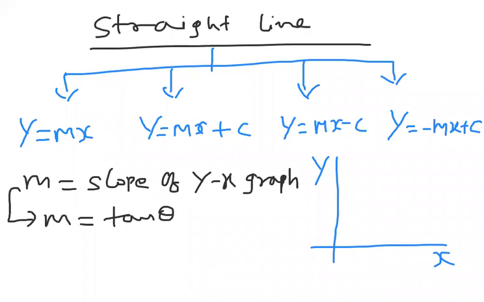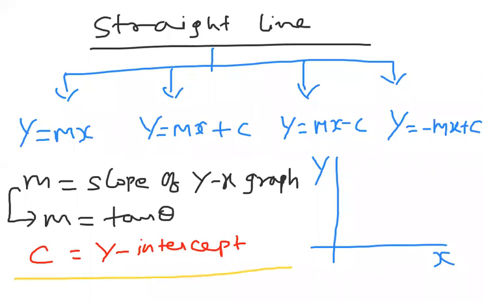Next, one more term you have to observe is c. What is that term c? c is called the y-intercept, that means where the graph touches the y-axis. You have to be clear with these two things: whenever we discuss any graphs, a student must have clarity about the slope and y-intercept.